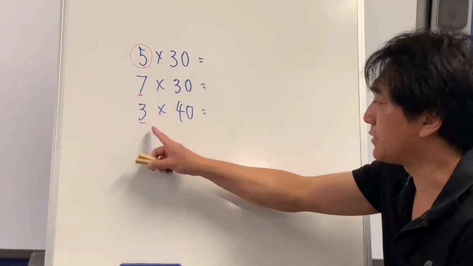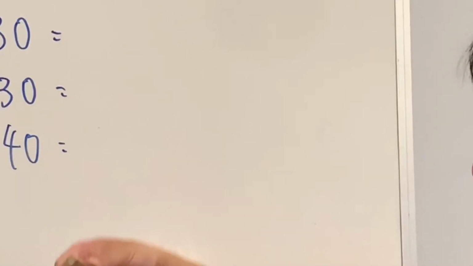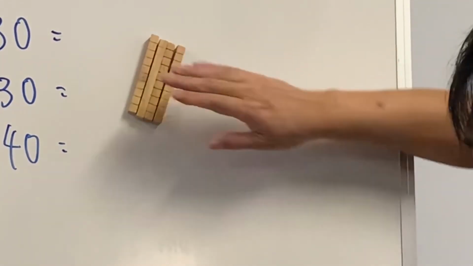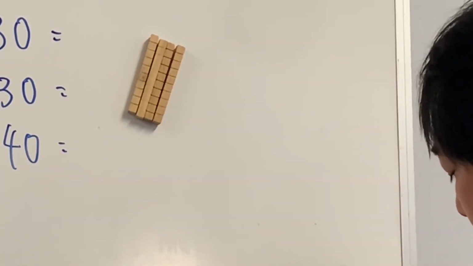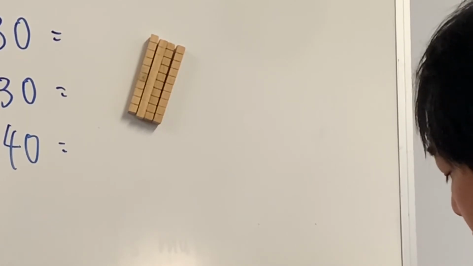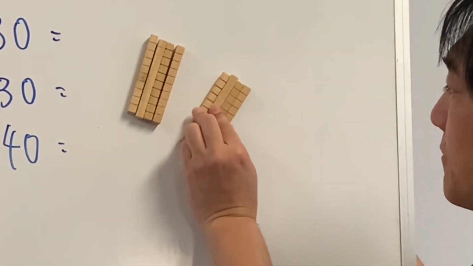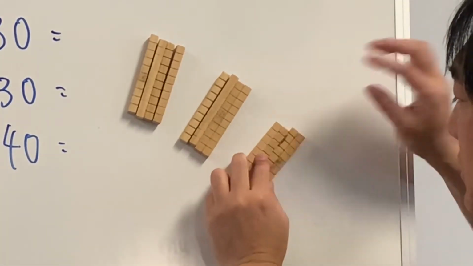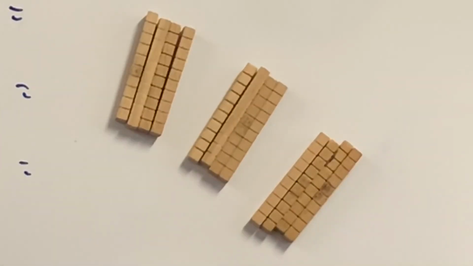Well, let's try this. 3 lots of 40. This is 40, this is another 40, then this is 40.